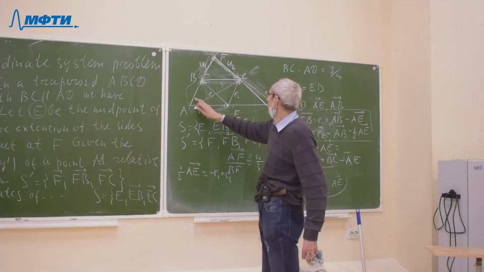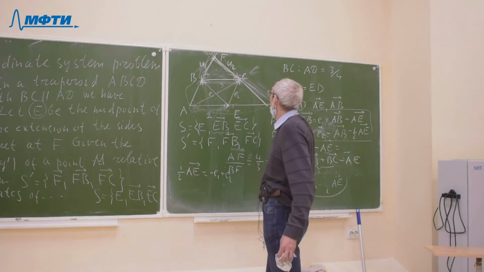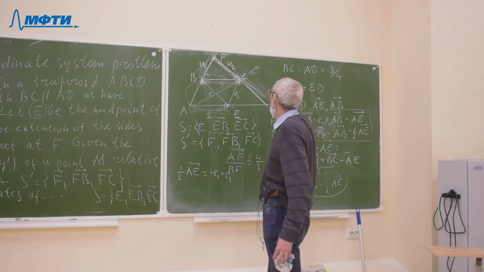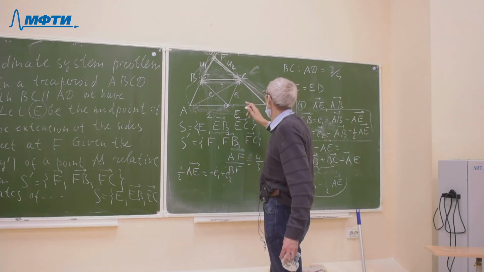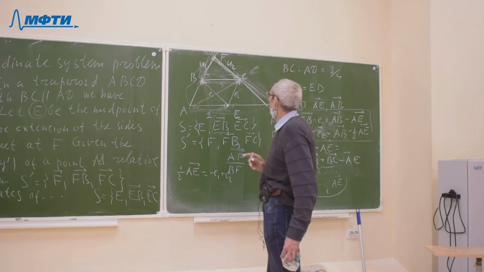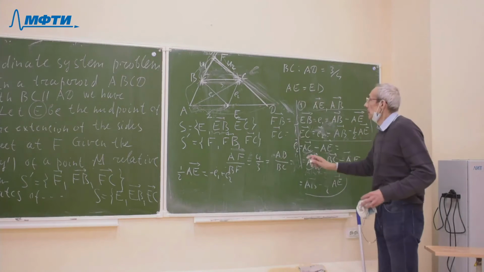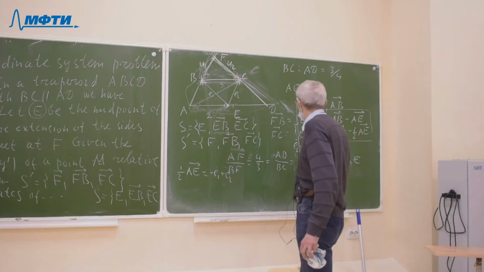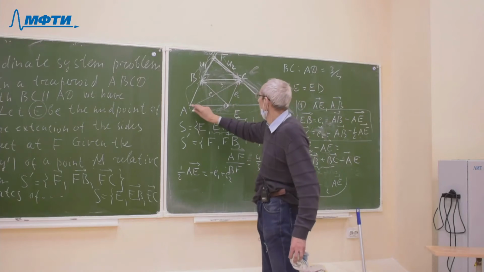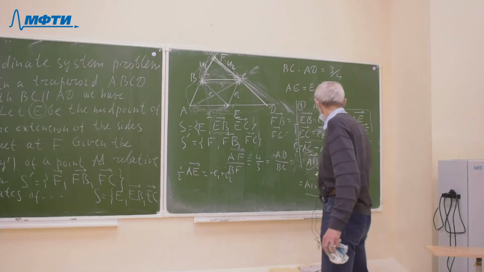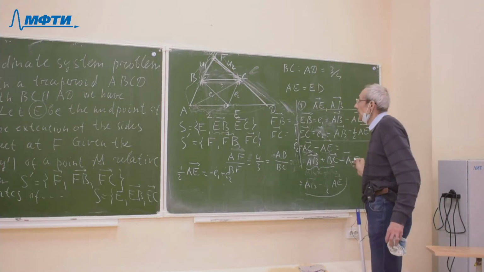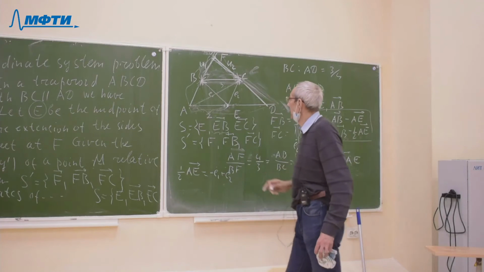We must use this one. Excuse me. Yeah, okay. This one, AC is the sum AB plus BC.